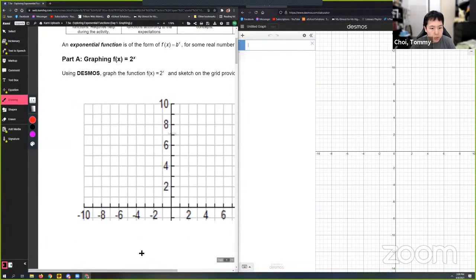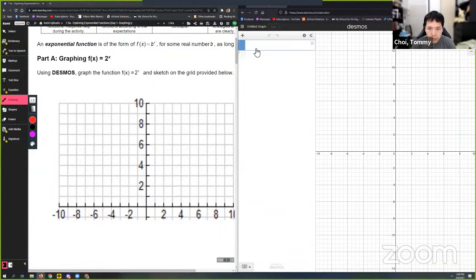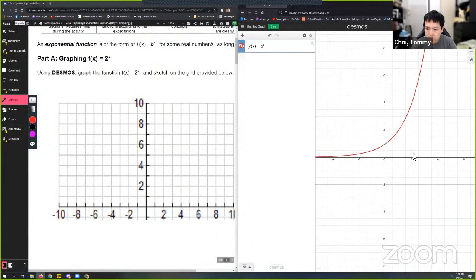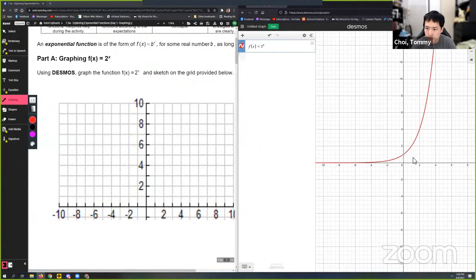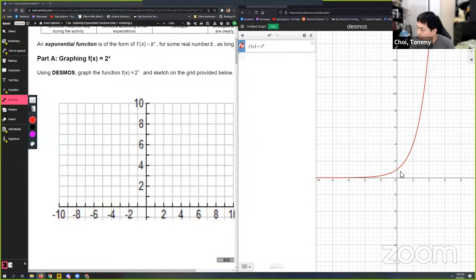Okay. So on Desmos here, if I graph f of x is equal to 2 to the power of x, we get a graph that looks like this. Okay. And there is one key point that you have to understand: 0, 1. Why is this point important?